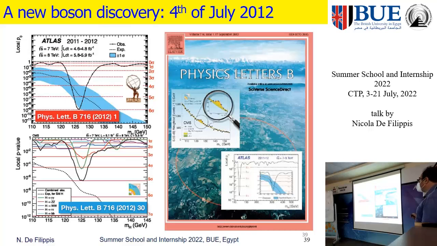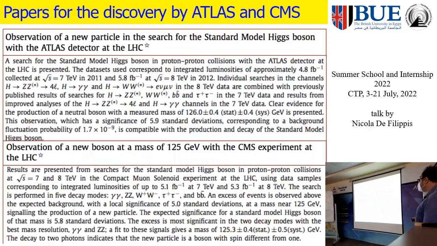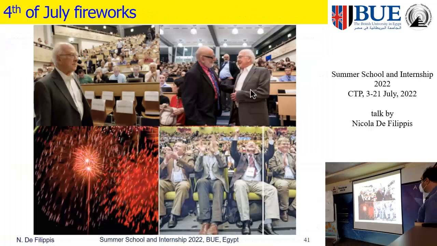But on the 4th of July 2012, CERN announced the discovery of a new particle, and those were the papers quoted by CMS and Atlas for the discovery.